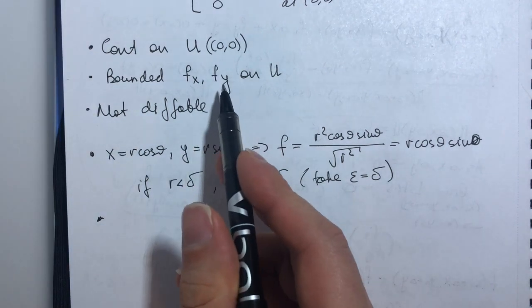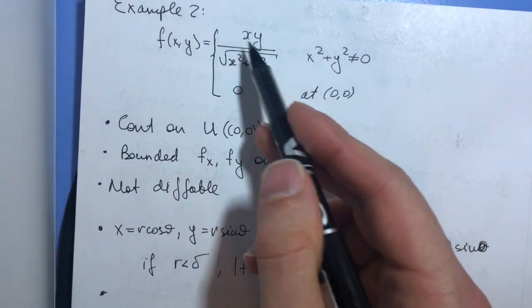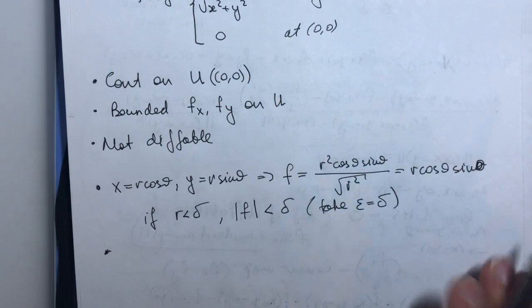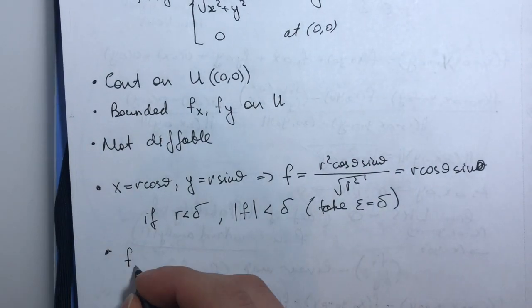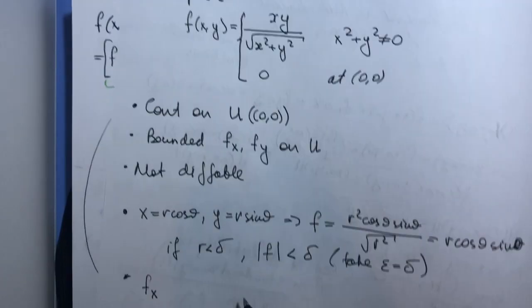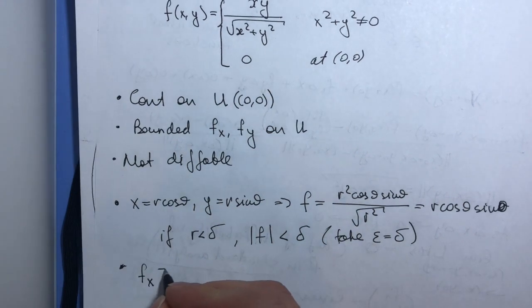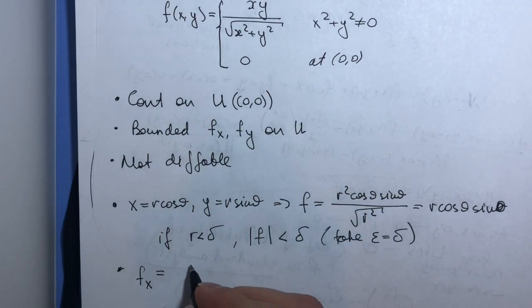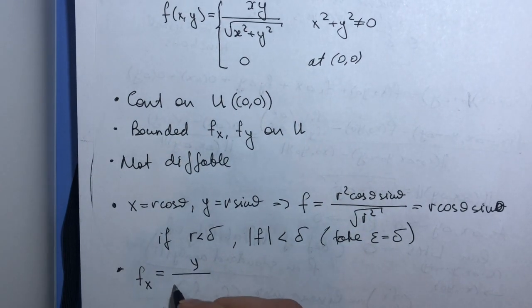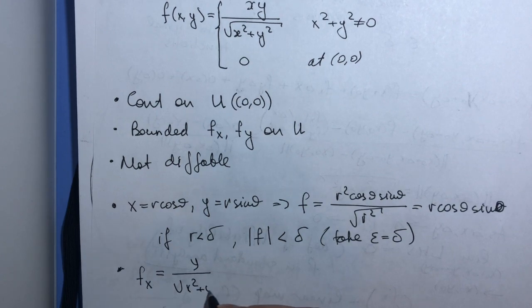For partial derivatives, let us find expressions for, say, fx. We have that it's y over root of x squared plus y squared.